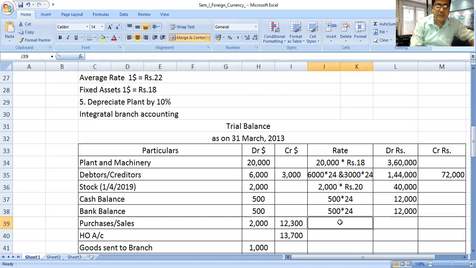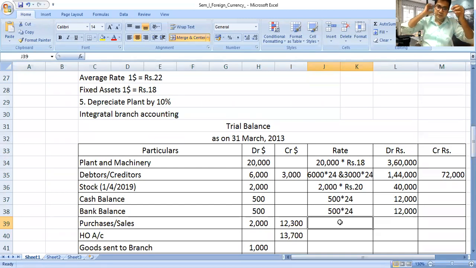We have to consider the average rate. Purchases are non-monetary items, and for sales as well it is the average rate.